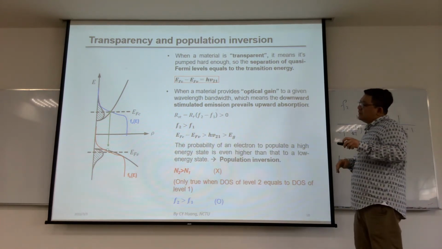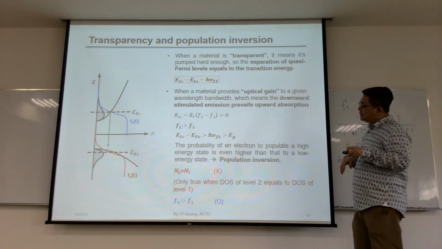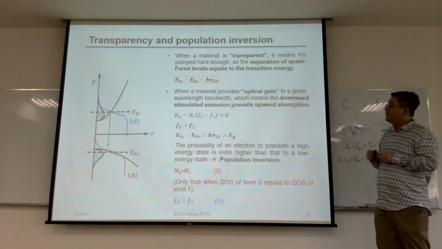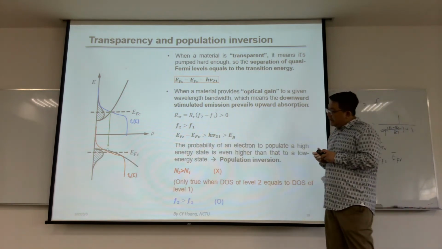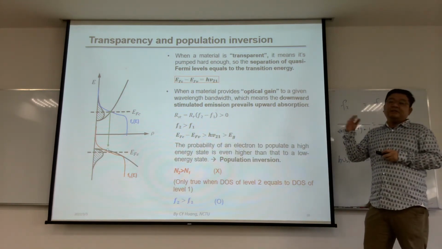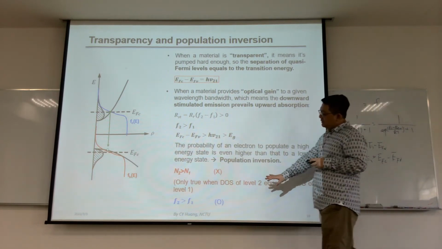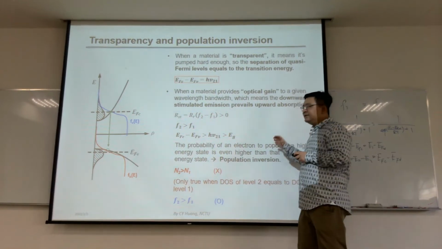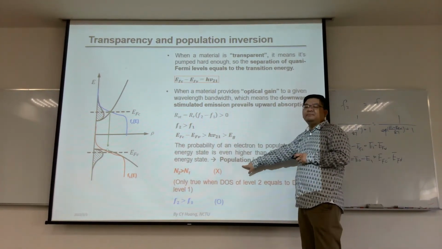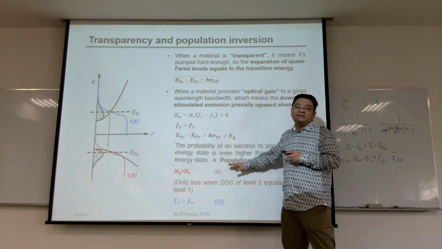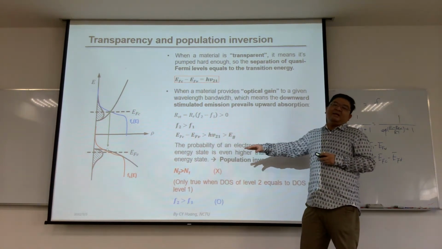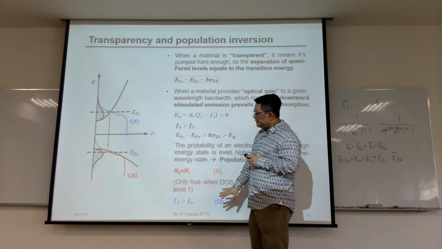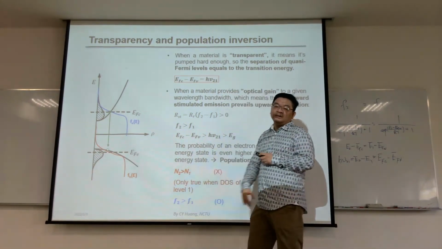So what does the word population inversion mean in the laser you commonly know? At the beginning, in the two-level system, it tells you that N2 should be larger than N1. That's the concept this word comes from. Since it's a two-level system, the number of lower-state and higher-state seats is equal, so under population inversion, N2 should be higher than N1.